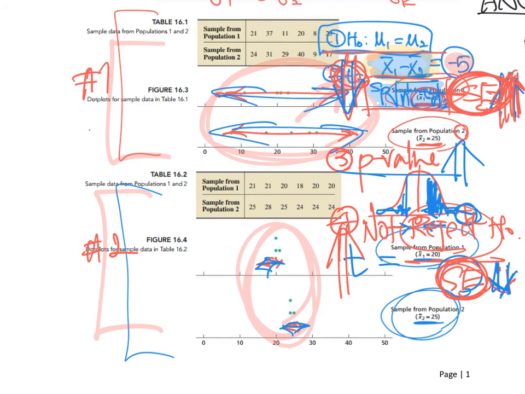That means we can conclude they are the same. It's not only based on 20 and 25, but also using the standard error, we have a better chance not to reject the null hypothesis. Then the conclusion will be that this distribution and that distribution are the same.